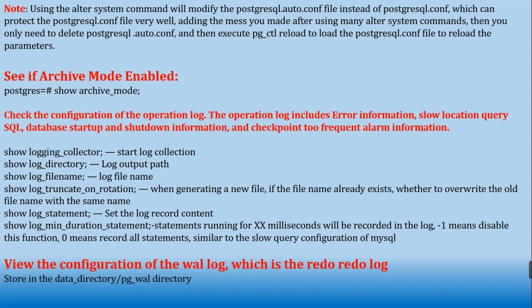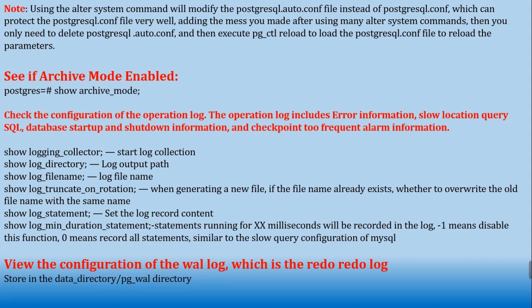So it will modify the auto configuration file instead of the actual configuration file. If anything goes wrong or a mess happens, it is useful to just modify the auto config and then execute pg_ctl reload. Then it will reload the parameters.